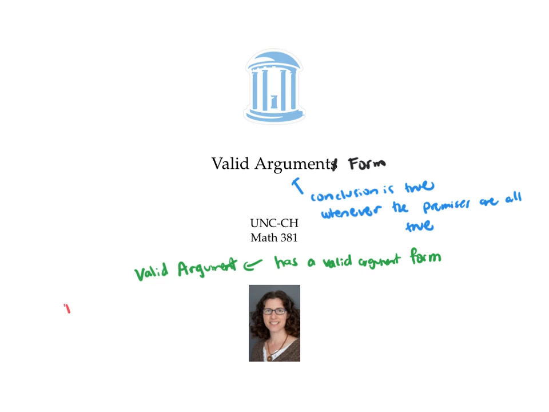We saw that we can get a valid argument form from any list of propositions and conclusion where the proposition P1 and P2 and Pn implies Q is a tautology. Valid argument forms are also called rules of inference, and some common rules of inference are given in this table.